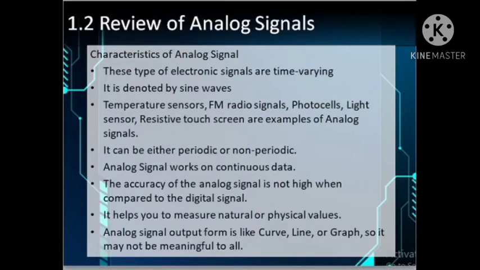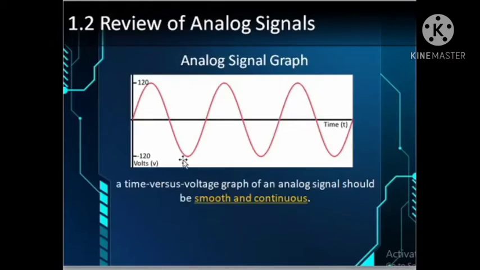To visualize an analog signal, here is a graph. Please see that graph. On this side, the y-axis is the value, and the example here is the voltage. This is time.